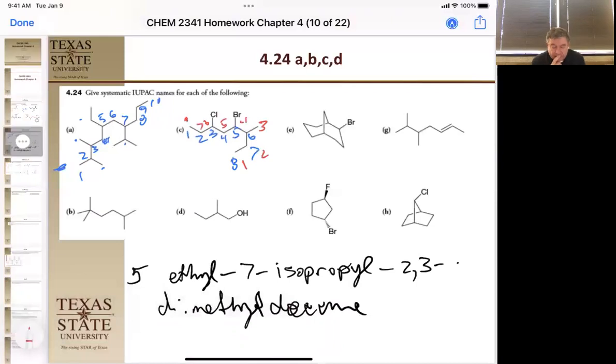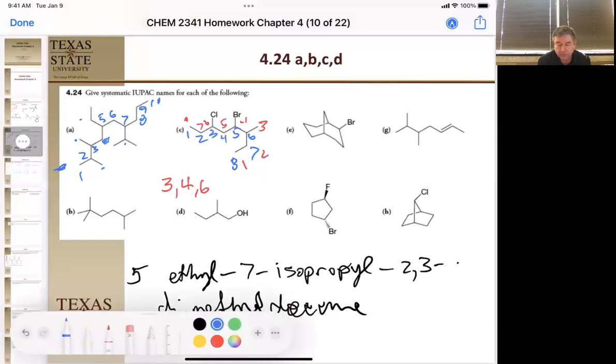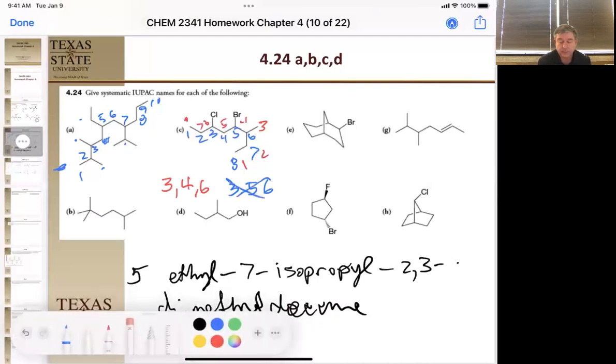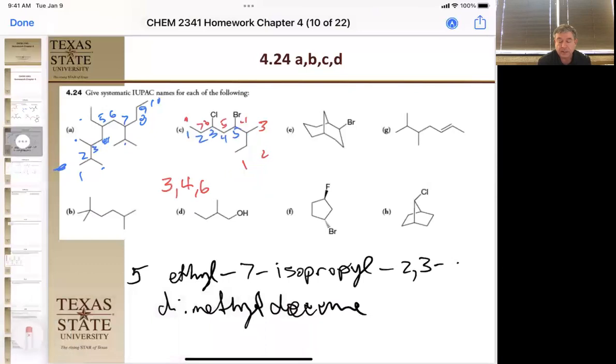So in the red numbers, we're going to have our substituents on 3, 4, and 6. On the blue numbers, we're going to have our substituents at 3, 5, and 6. So we have 3, 4, 6 or 3, 5, 6. So 3, 4, 6 is the lowest number set. So we need to use the red numbers for our numbering. So we're going to number from this side right here.